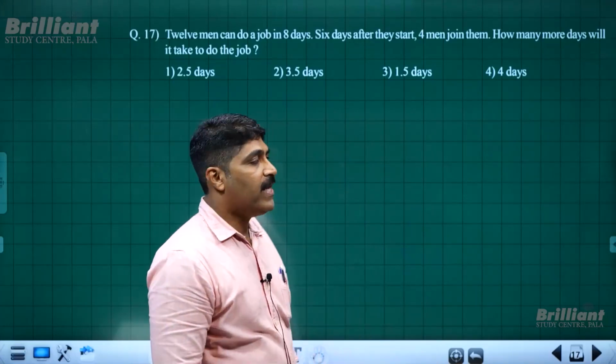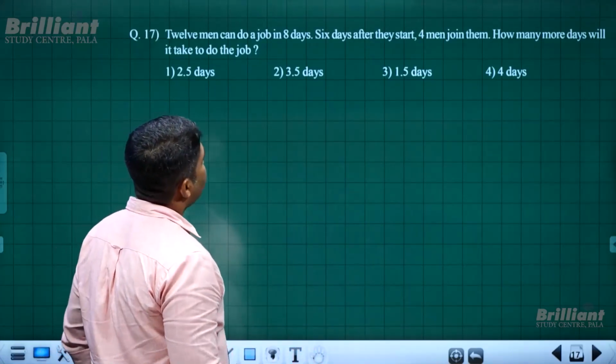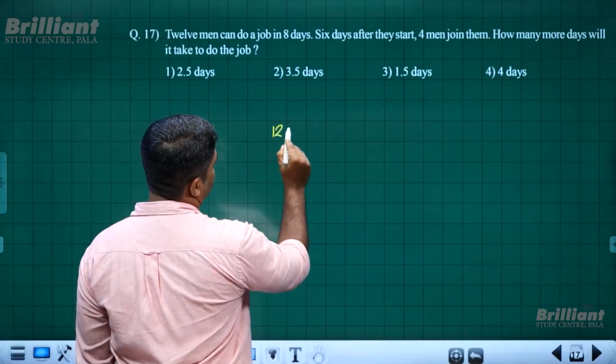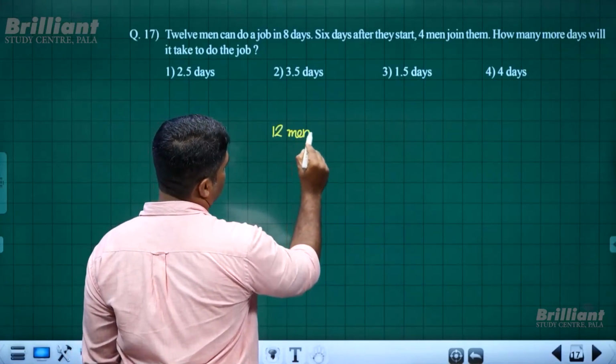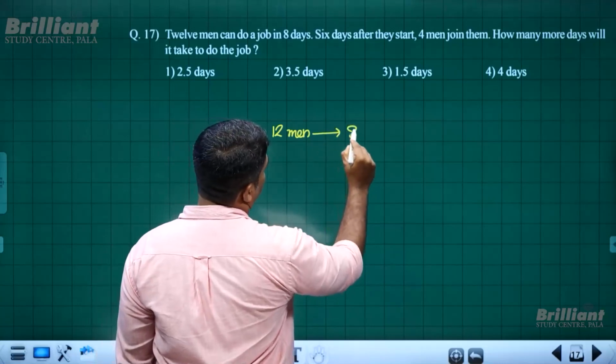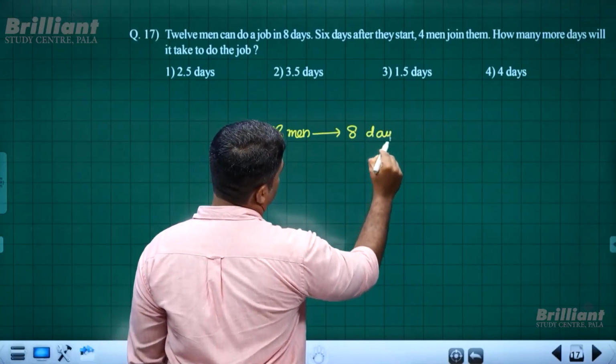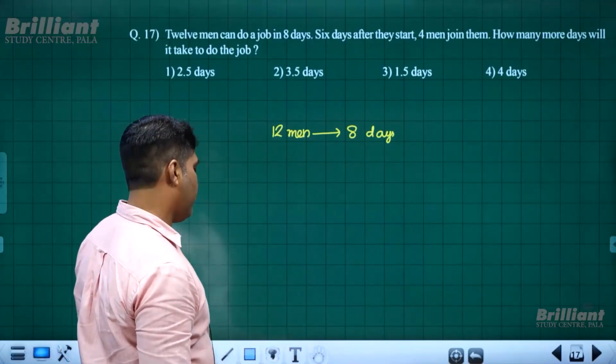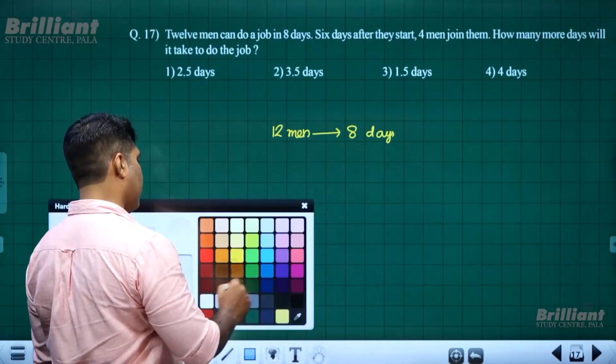So here, how can we do it? Here, 12 men can do a job in 8 days. So here we are considering 12 men. So they required 8 days. So what happened here? 6 days after they start, 4 men joined them. So what happened here?